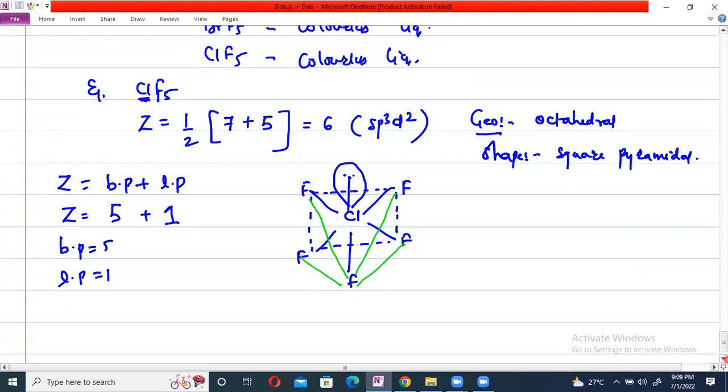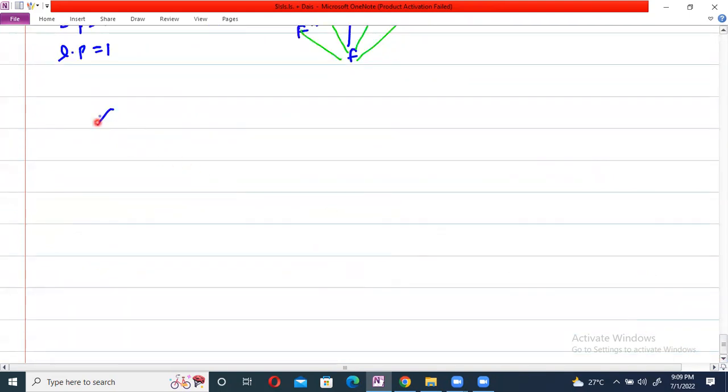Same way, the last one is IF7, that is XX-7. The example is IF7, and it is a colorless gas. Here, Z value equal to 7.